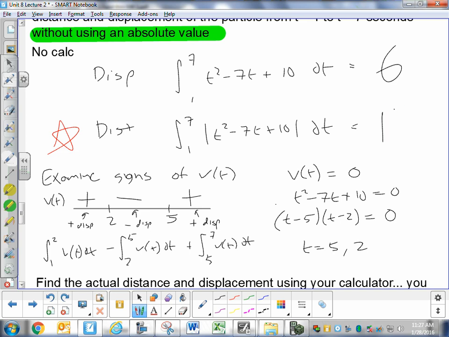See your calculator working. Takes a while to deal with all these absolute values, an extra step in its calculations.